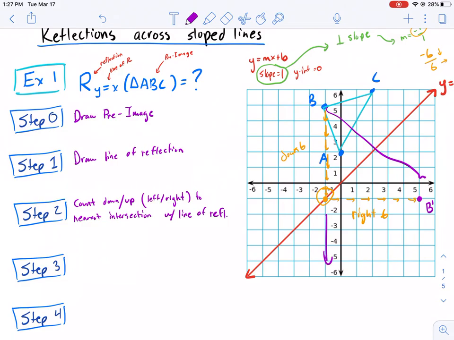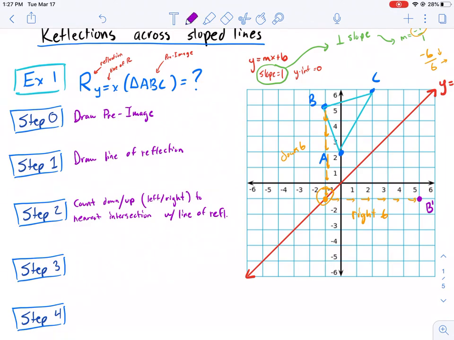So I kind of need to picture this in my mind. If you're struggling with how to know to go right instead of down, I would go down if it was a horizontal line, but not a diagonal line. So I need to go to the right because that sets up my diagonal 90-degree angle with that line.